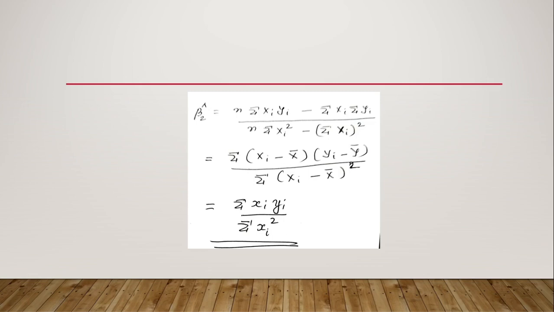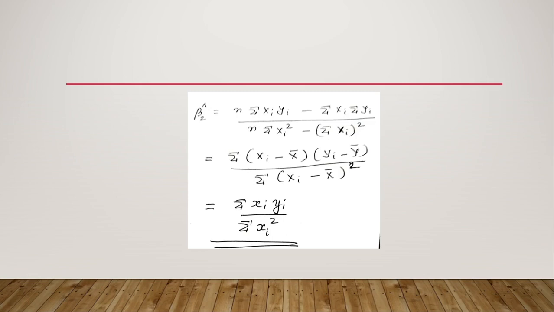Similarly, we use lowercase letter yi to represent the deviation of the y observation from the mean value. So in the numerator, we have sigma small xi small yi, divided by, in the denominator also, instead of writing Xi minus x bar, we are using small xi.